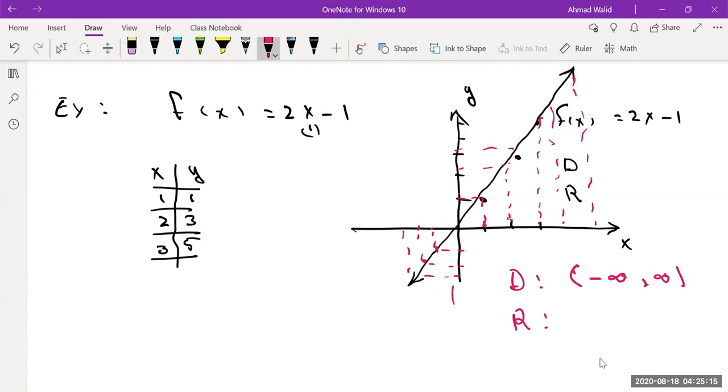Your y is going to negative infinity on this side and to positive infinity on this side. Then the range is also from negative infinity to positive infinity. Correct? This is how you read the domain and range. Later, even without graphing, I will explain how to find the domain and range of a given function, even without graphing, correct?